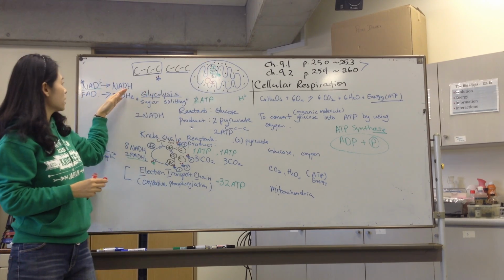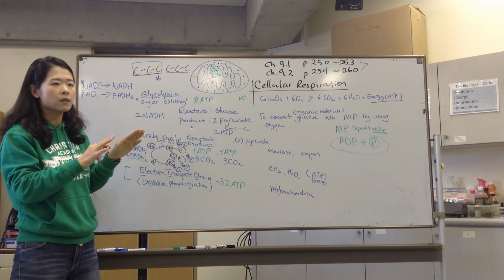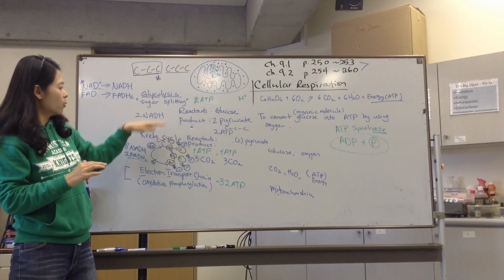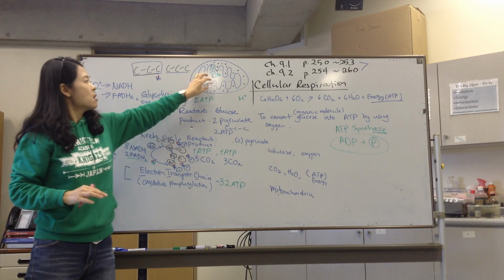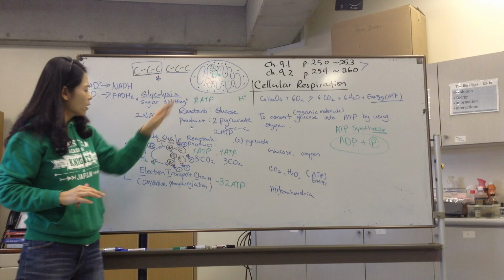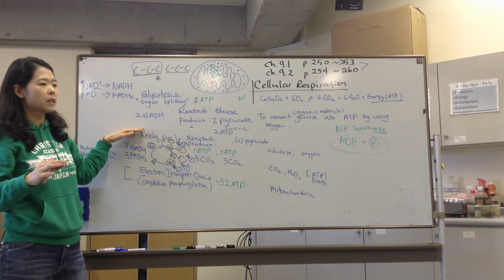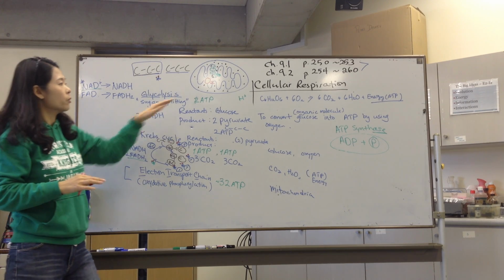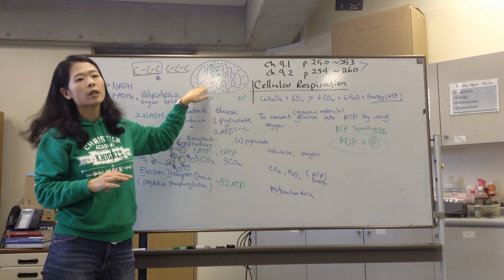If NADH and FADH2 are not able to drop off electrons, then when glucose splits or when this happens, there's nothing to pick up electrons. In other words, if you were to remove oxygen here, the ETC will back up, will stop. Okay, Krebs cycle will also stop.